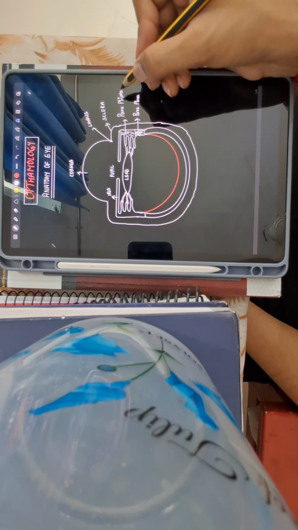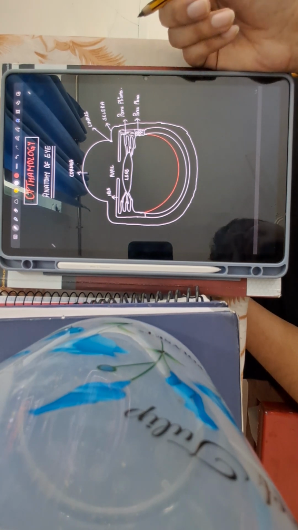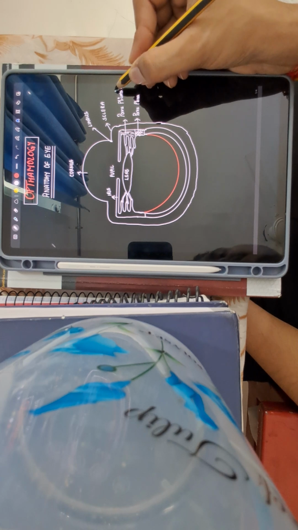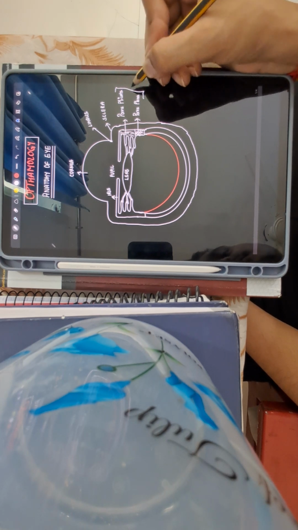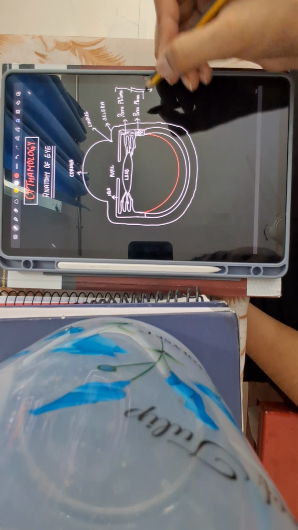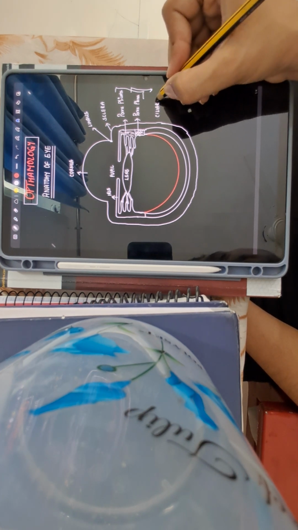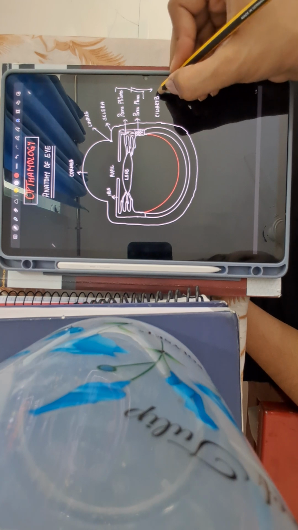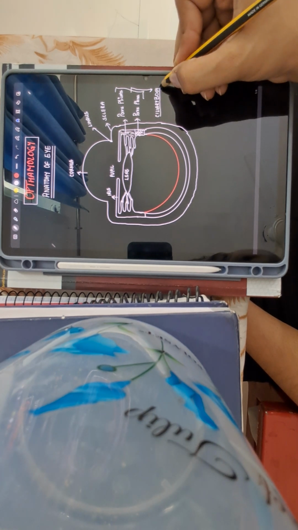And you should know that these two are a part of the ciliary body itself. So if I have to mark it, I would just say that they are the ciliary body. As simple as it is.